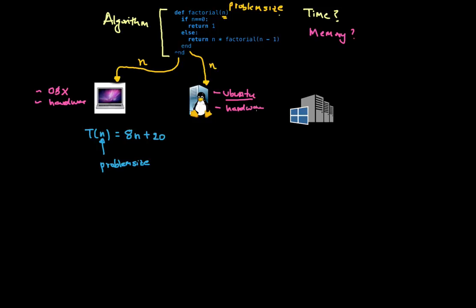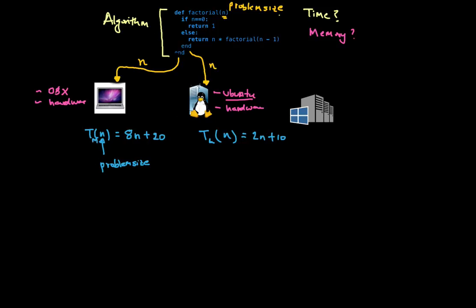It could have more memory or a faster processor. Based on all those parameters, I measured that the time it takes on the Linux machine, let's call this T subscript L, is equal to, let's say, 2n plus 10. And since this one is the Mac computer, let's make this T subscript M.